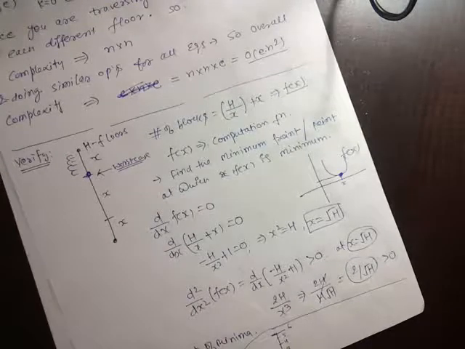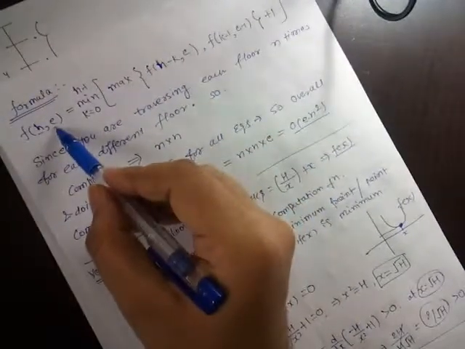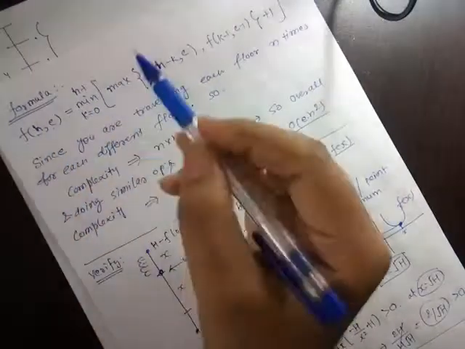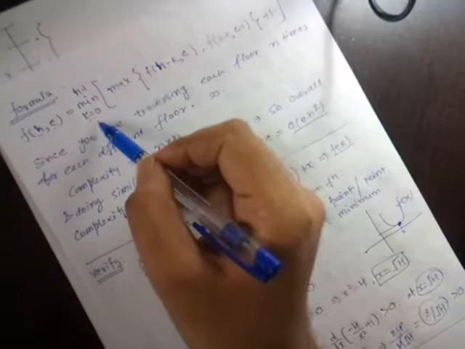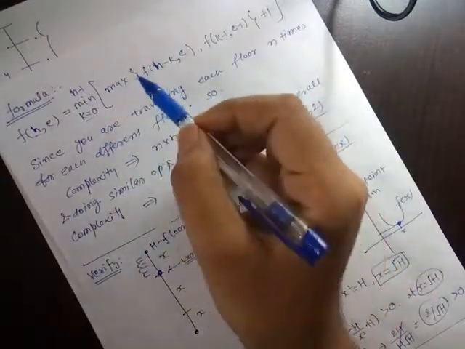Now, what is the formula to calculate this? Let's say I have an H-story building and I have E eggs. The formula is f of H, E equals the min over K from 0 to H minus 1 of 1 plus max of f(K minus 1, E minus 1) and f(H minus K, E). K starts from the first floor, 0 to H minus 1.